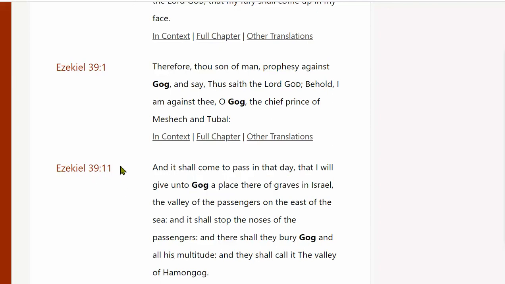So this verse we need to look into, because different Bibles have different translations for this, and most of the time it's not the correct translation. Like the passengers here, the valley of passengers, a place there of graves in Israel.